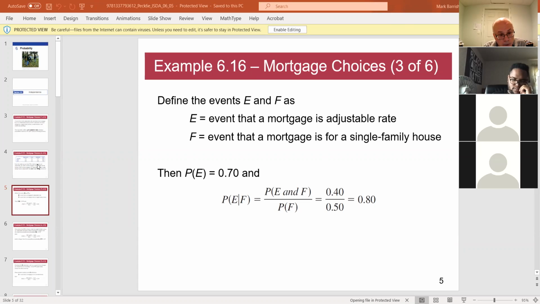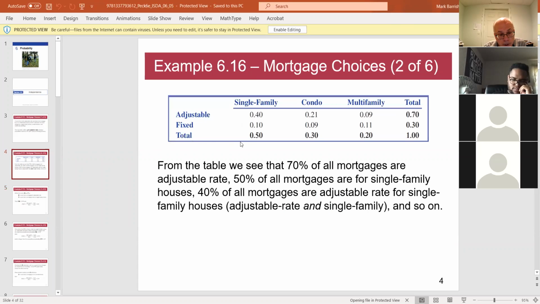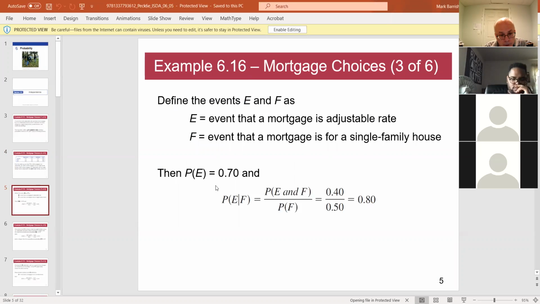For example, if we go back to this table here, we may be interested in only single-family homes. We're not interested in condominiums. We're not interested in multifamily homes. We're interested in this column here. Or we may be interested in just fixed-rate mortgages, so we may be interested in just this row here. So that's why we have this concept of conditional probabilities.